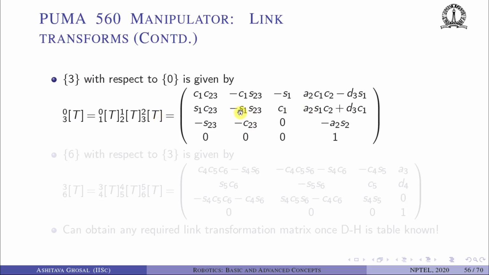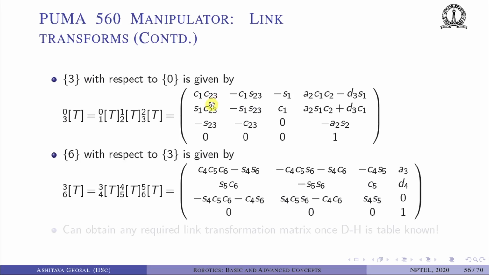And if you multiply it out, it will be a function of theta 1, theta 2, theta 3, and of course this A2 and D3. Okay, so C2,3 here corresponds to cosine of theta 2 plus theta 3. If you want to find 6 with respect to 3, the coordinate system 6 with respect to the third coordinate system, the position and orientation, again, all we need to do is multiply the relevant transformation matrices.